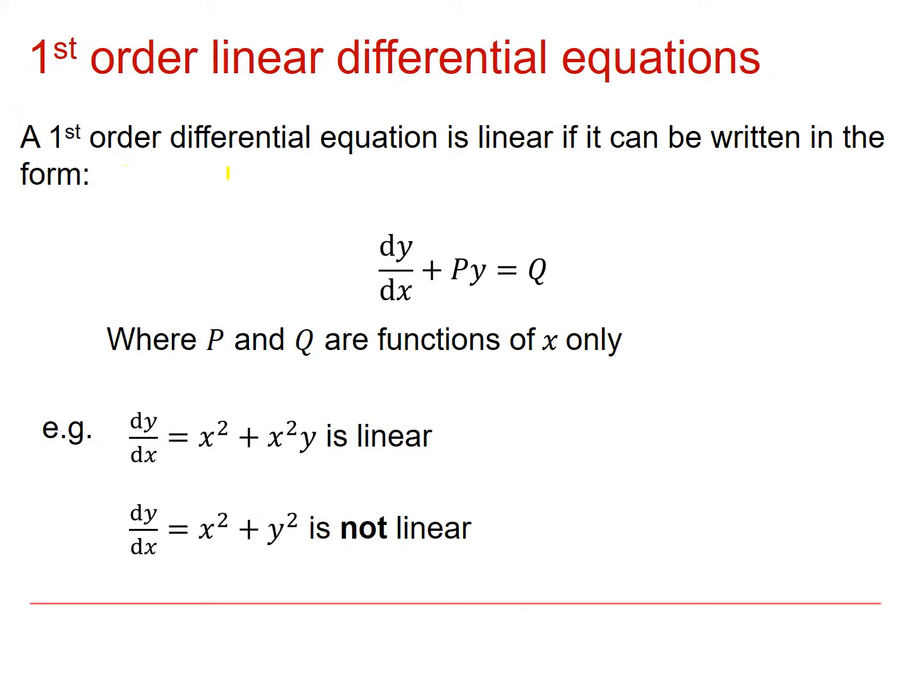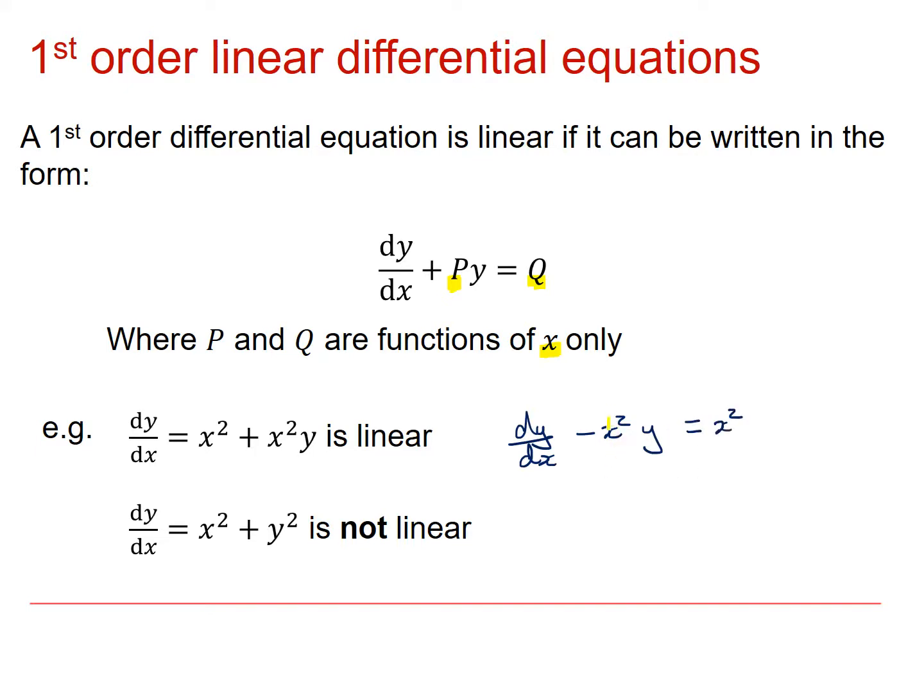So a first order differential equation is linear if it can be written in this form. I've got dy by dx plus py is equal to q, where p and q are both functions of x only. If we look at this example here, I can rewrite this as dy by dx minus x squared y is equal to x squared.